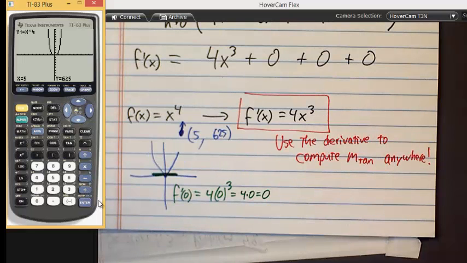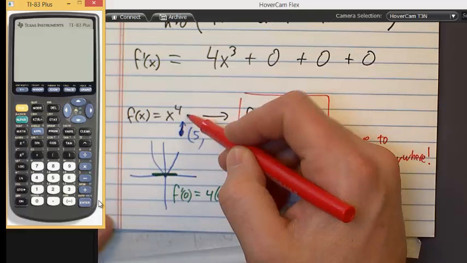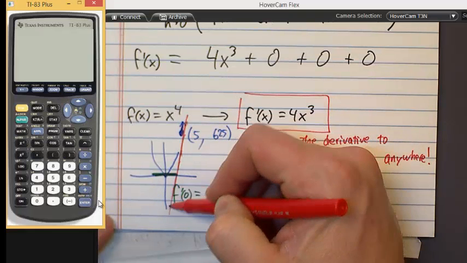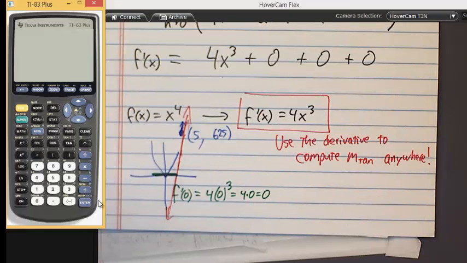But what I'm supposed to do in my problem, I only have 5 minutes left, I'll get it done, is I want to find the equation of the tangent line through that point. Find the equation of that red tangent line.